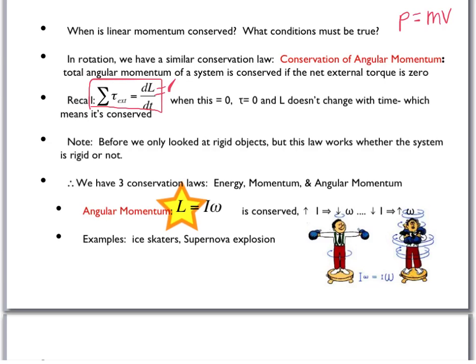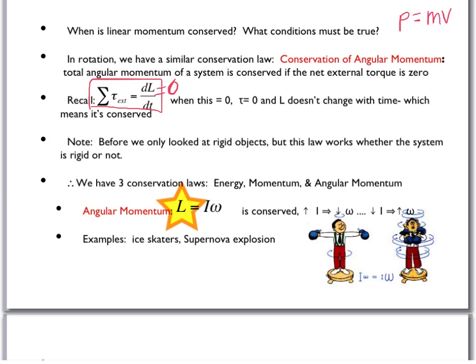If this is equal to 0, then the net torque is 0, and it means that dL/dt is equal to 0, which means that L, or angular momentum, is not going to change with time, which basically just says that it's conserved.